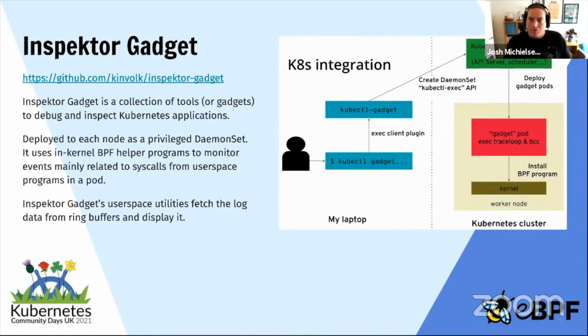You get a krew plugin, which is a kubectl plugin that you can use to run these tools on any one of your nodes within Kubernetes and get a bunch of information. Pretty cool project, in my opinion.